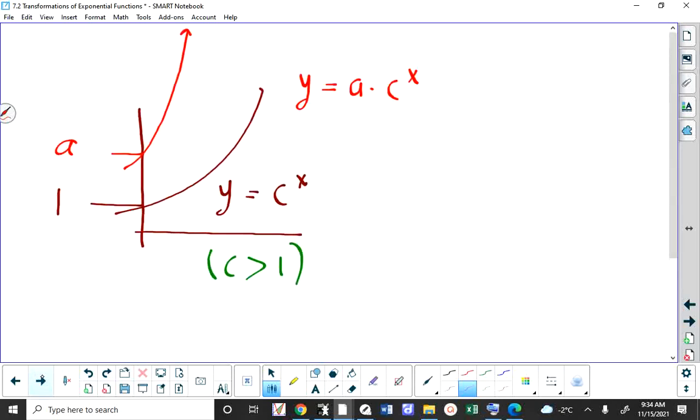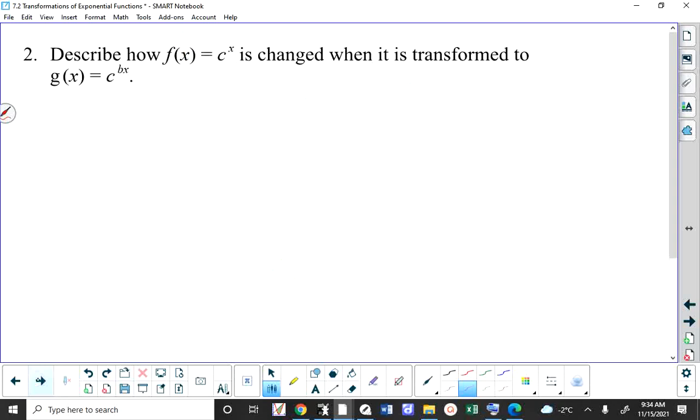The second part of the warm-up is not as rich with information. I mean, there's nothing really we can identify about the features of the graph after we include the parameter b, other than to say that if b is negative, there's a horizontal reflection. But more importantly, there's a horizontal stretch by a factor of the reciprocal of b.